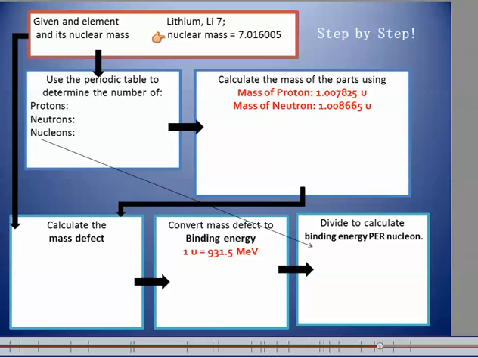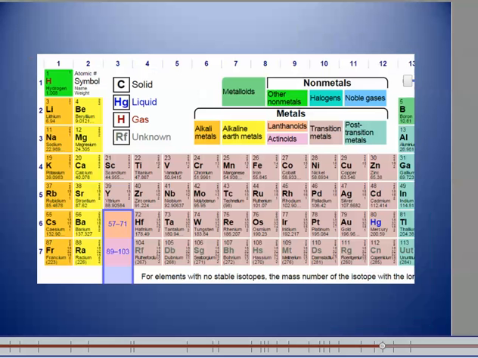And let's see here. I'm going to open up a periodic table. Actually, I think I might have one a couple slides down. So lithium is right here. There it is. So lithium is, where is it? Right here.